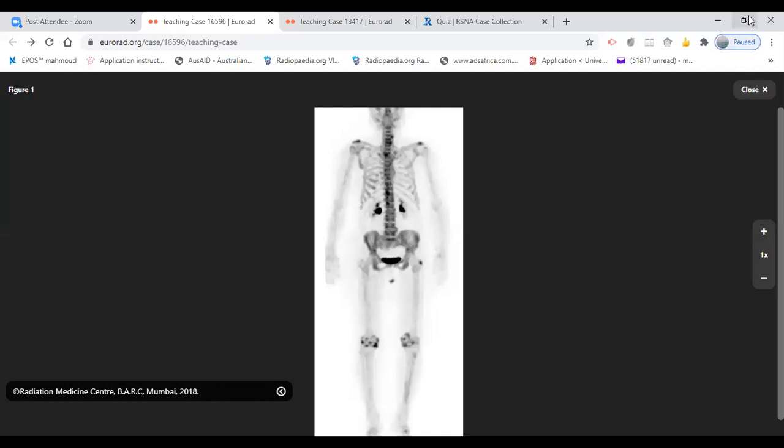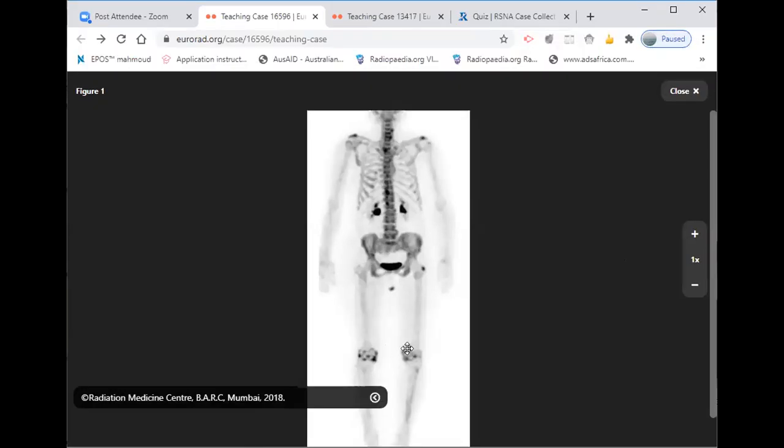So let's go to the image again, and maybe you can see this tracer uptake here in these joints. So this one is arthritis, okay? And you will check for the sternoclavicular joint here, okay? So let's think.